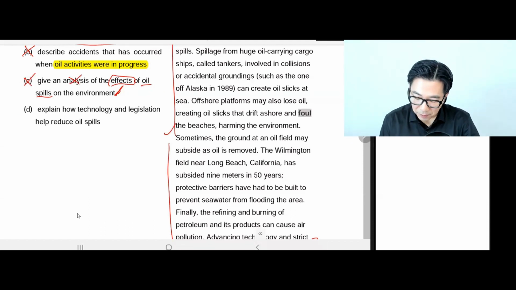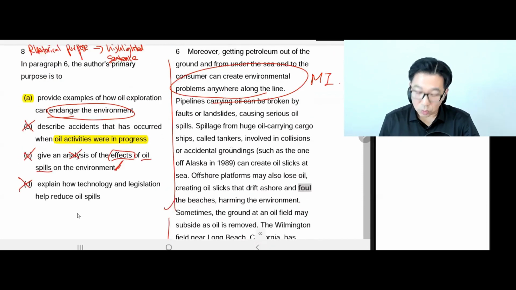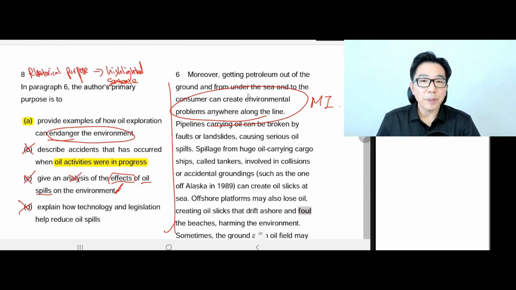So, it's a bit of a curveball. It's a rhetorical purpose question. Nevertheless, it's a big picture question. Usually you would get the purpose question of one sentence, but keep that in mind. You rarely get this question type.